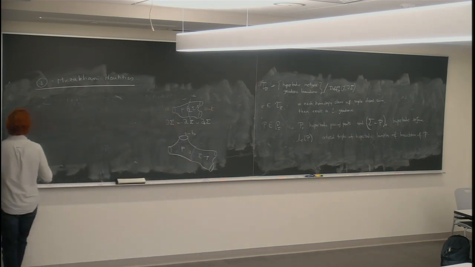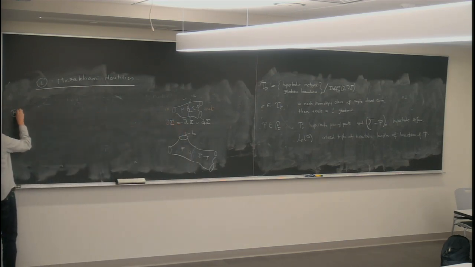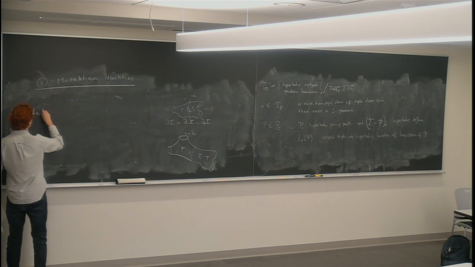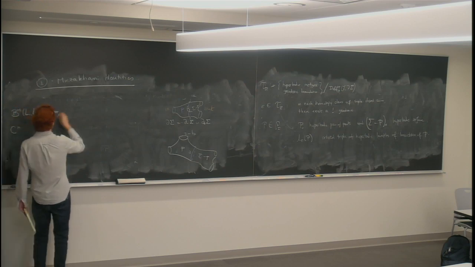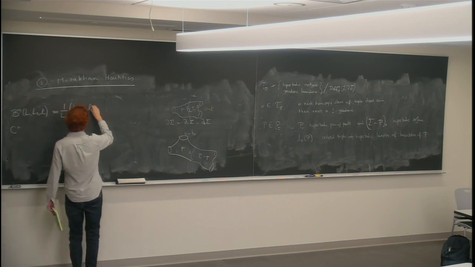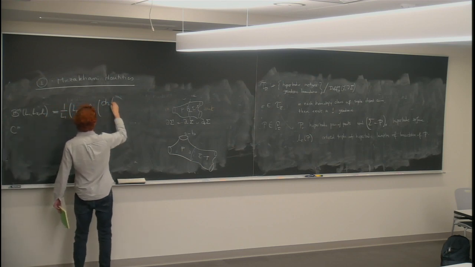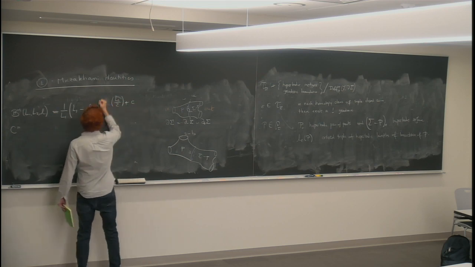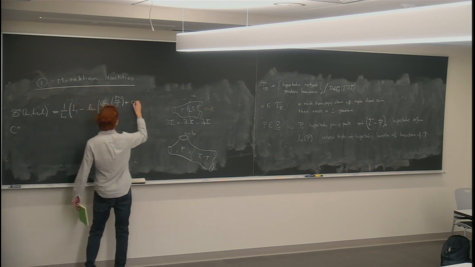I will define two functions, B and C, which are functions of three lengths. The first one is this. So this is a hyperbolic cosine.